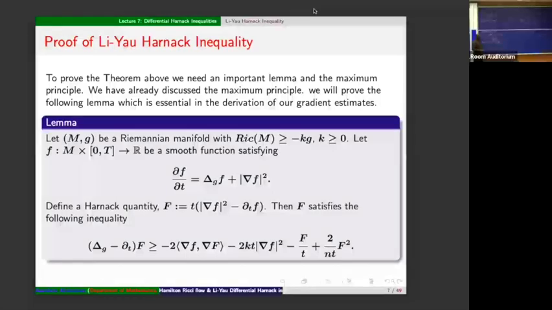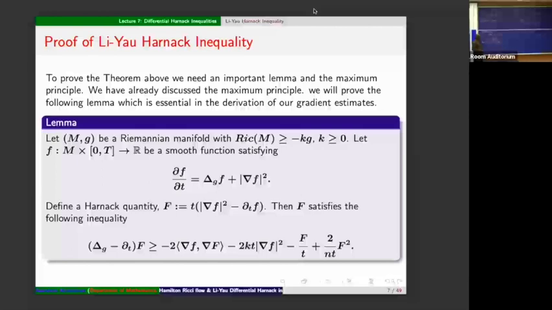Suppose we have a smooth function f, at least C2 because of the Laplacian. This f depends on x and t, but it must be at least C1 in t and C2 in the x argument.